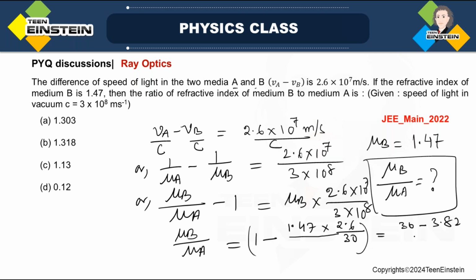Let us go up to second decimal. So this will be 30 minus 3.82, which is nearly 26. So let me then divide 26 by 30.